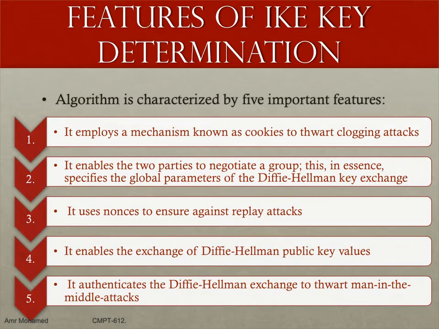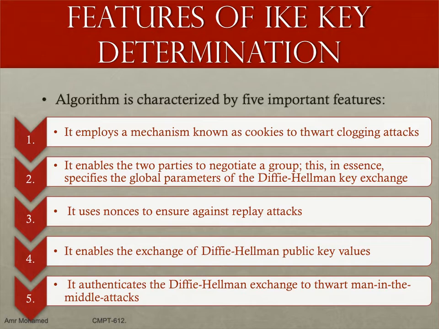I can allow the same source to send me messages from the same cookie with a specific frequency. And if this frequency increases above a certain limit, then I'm going to reject it. And for each cookie, I have to establish a new security association. A new security association gets created if I have enough resources. If I don't have enough resources, then I can reject this. So this is the main idea.